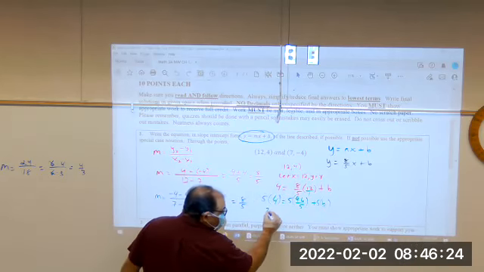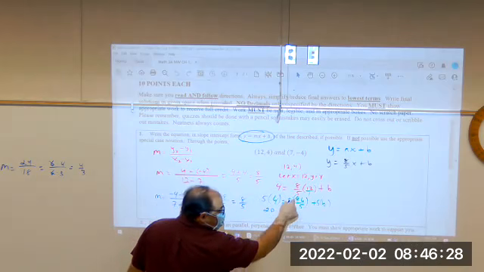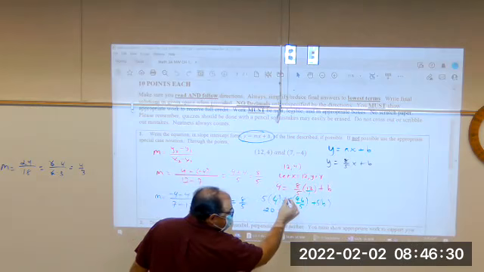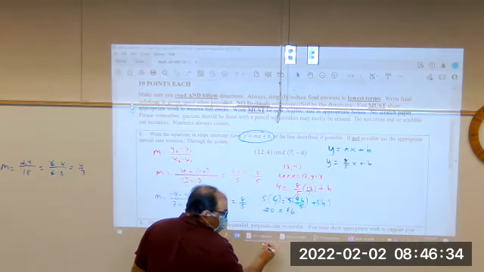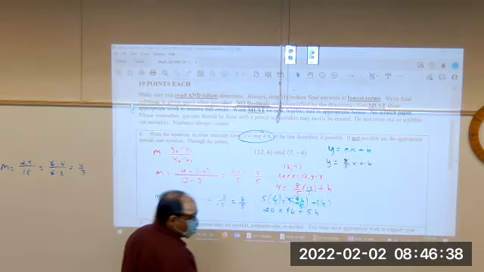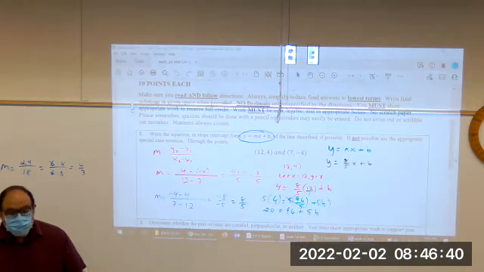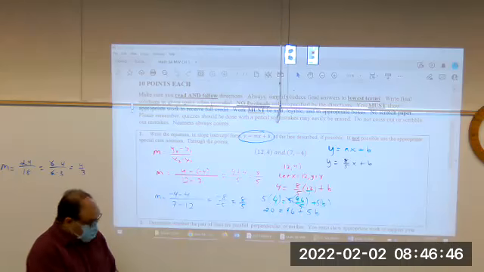5 times 4 is 20 equals. The reason I'm multiplying 96 fifths times 5 is so the 5s reduce, and all I have now is 96 plus 5b. No more fractions.